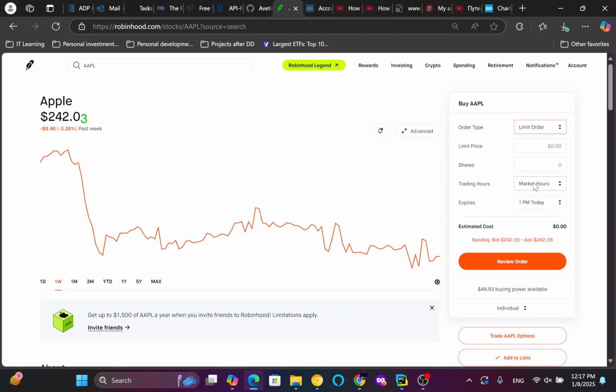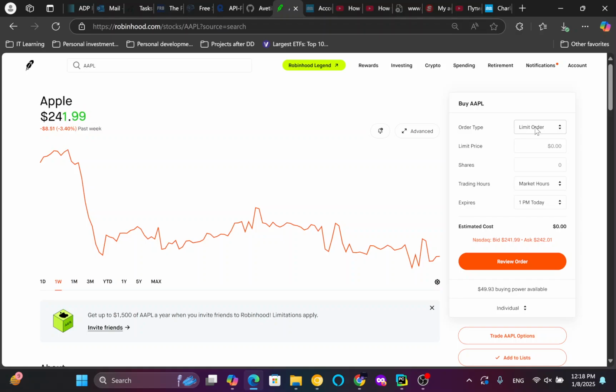In this case, you will also consider trading hours, which is the period of time during which your order is going to be effective. And the last is expiring, when you want your order to expire. So this order will be valid for a certain amount of time.